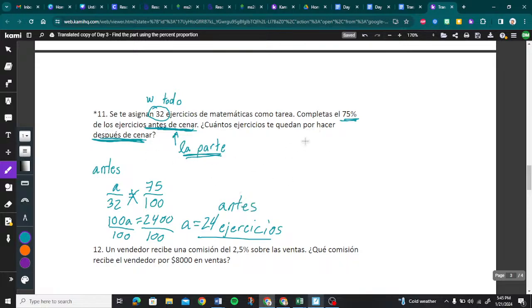We would need to know how many were finished después de cenar. So we're going to take all 32 and subtract 24 to find that we need to finish 8 ejercicios, exercises.